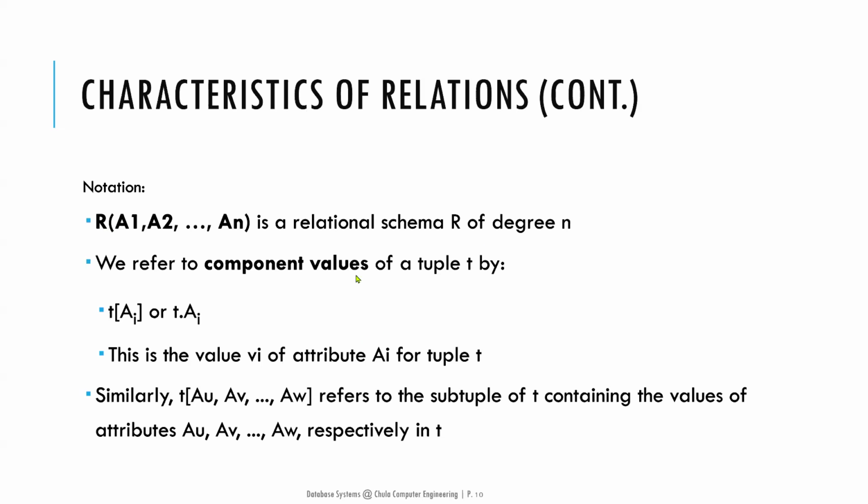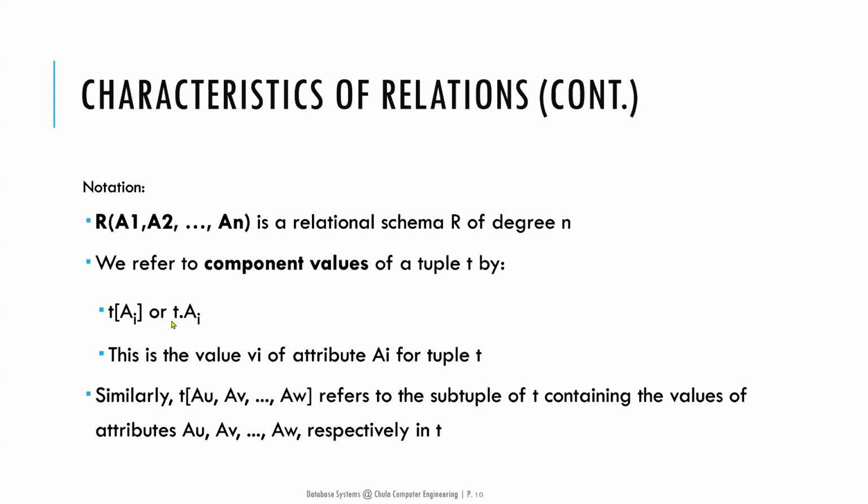Now we refer to the component values by tuple t. So here you can see that when we represent it mathematically, I can say t of Ai. It means that we are looking at a particular tuple and a particular attribute. So now you can identify each cell within the table. You can write either t and bracket Ai in the middle, or you can use t dot Ai.